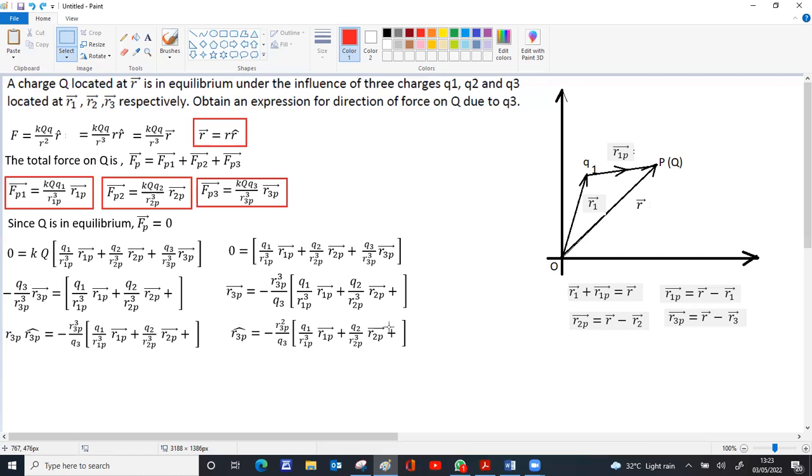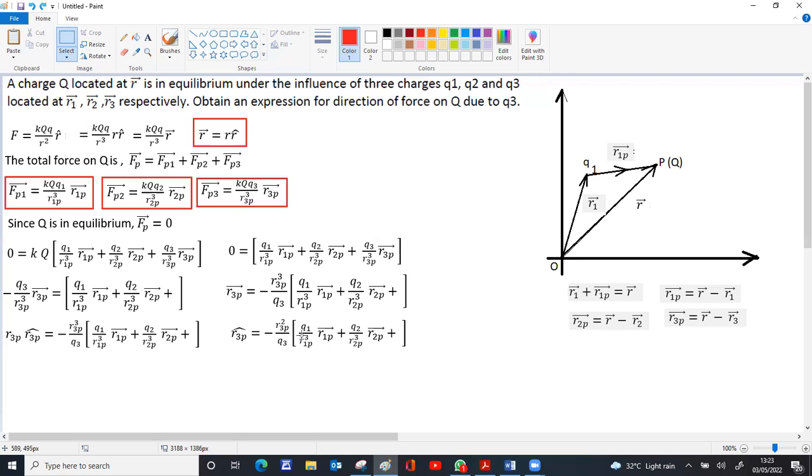Now all this has to be expressed in terms of R1, R2, R3 and R, because the final answer should be only in terms of the quantities given in the question. You can't have R1P vector, R2P vector; all this is taken for our convenience. So all those should be expressed in terms of R minus R2, R minus R1, R minus R3.